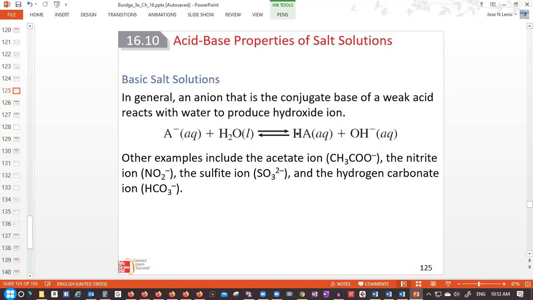As a result of that reaction, which is the hydrolysis reaction of that anion, it will form a weak acid, the same acid that initially formed the salt, plus OH minus.